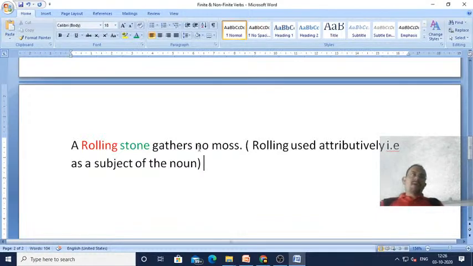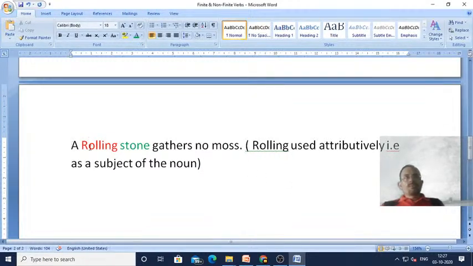We have heard about the subject of a verb, but here rolling is used attributively, that is as a subject of the noun stone, then this rolling is used attributively in the sentence. Always remember, dear students, that is the attributive use.